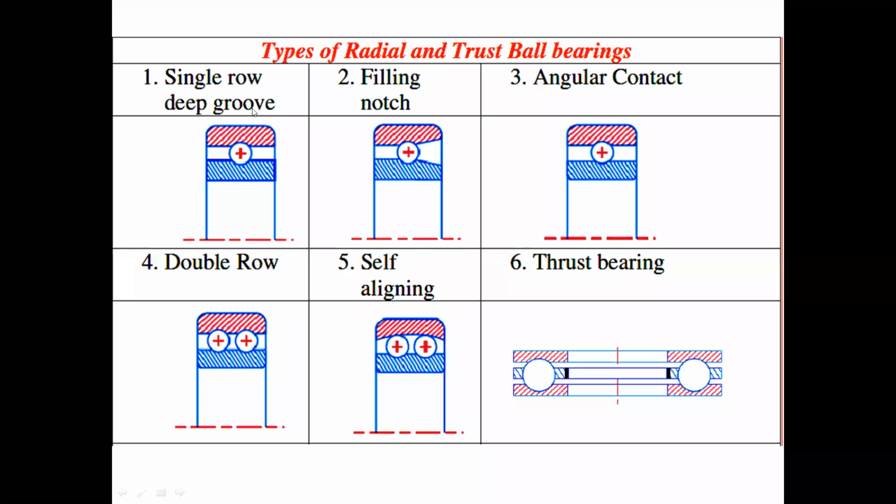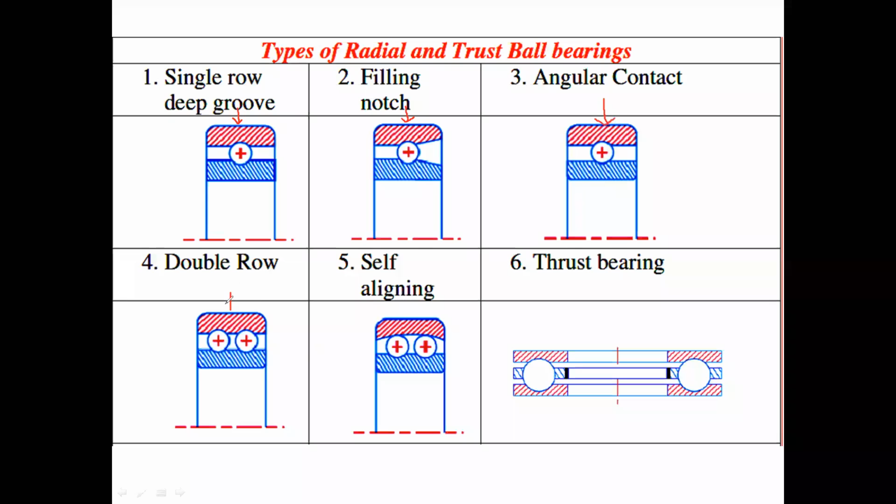Radial bearing means the load is applied in the vertical direction and the shaft is in the horizontal position. In our single row deep groove ball bearing the load is here, and in this also the load is here. In all of these, the load is in the radial direction.